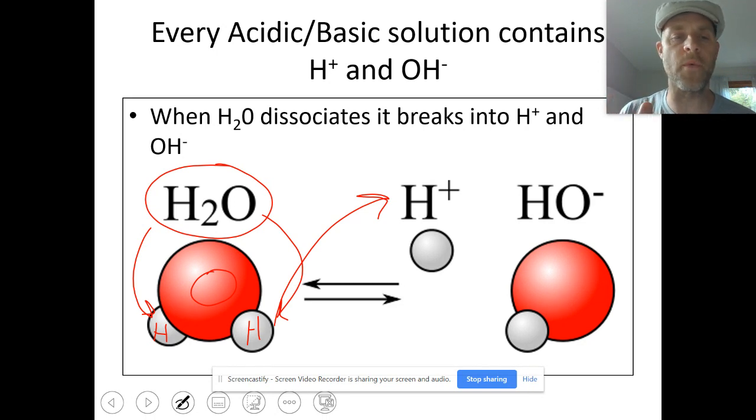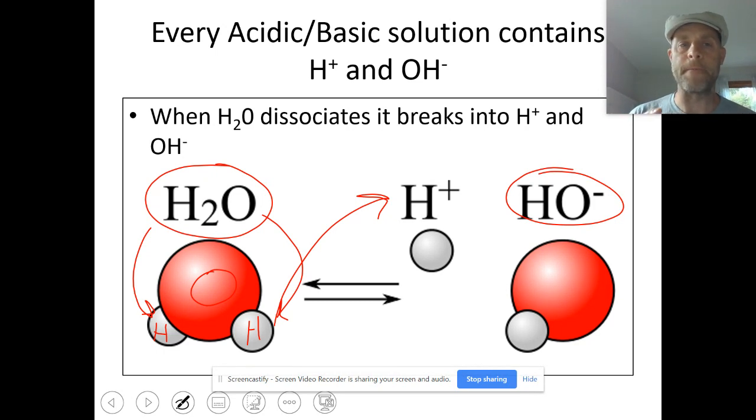Well, what's left of the water? If I take one H off and a plus with it, I'm left with an OH minus. Now, water has equal parts H plus and equal parts OH minus. If I take those two together, I get H2O.